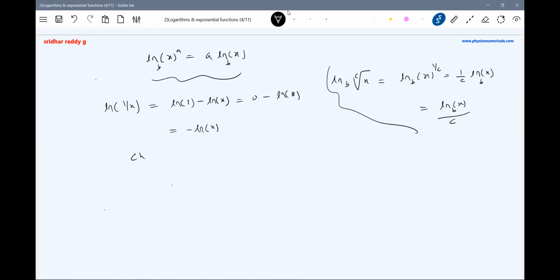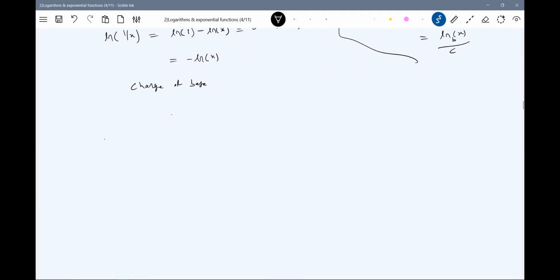Next, change of base, which is very important. So, change of base. Suppose we take x.